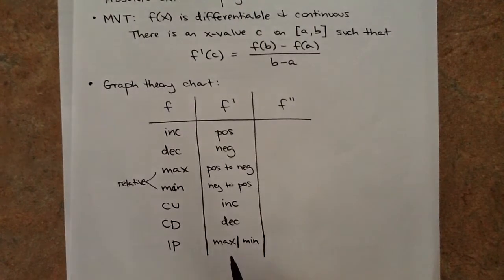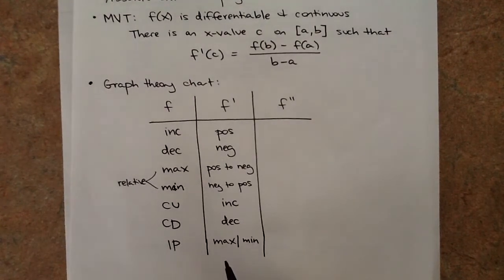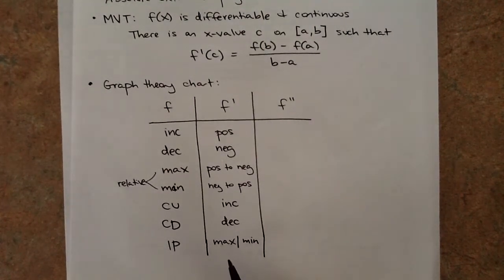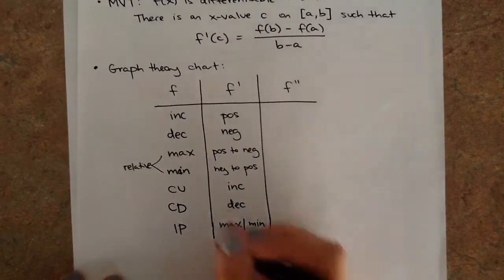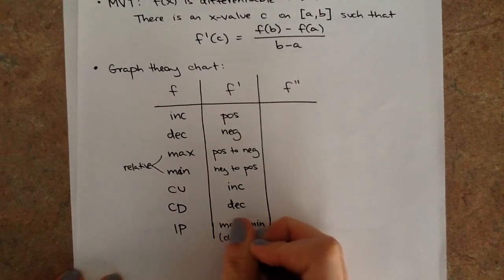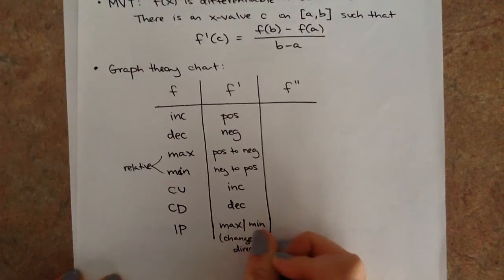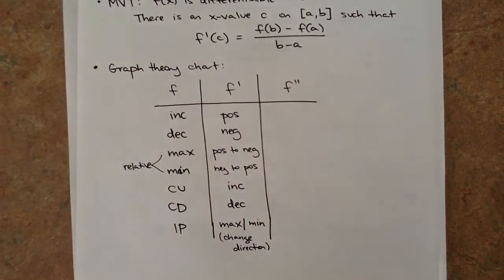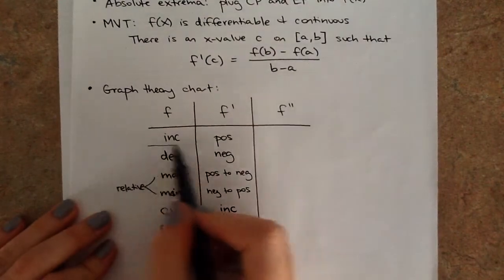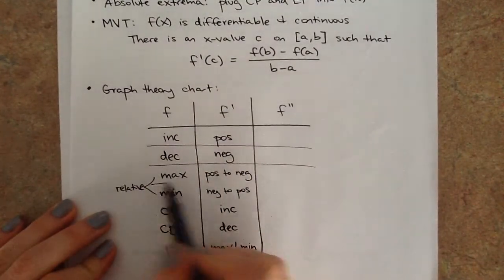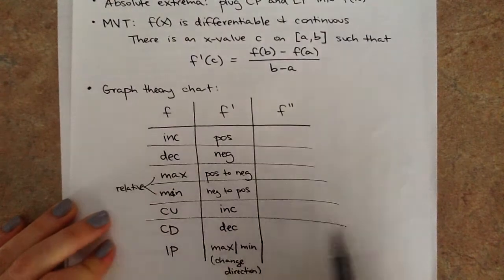So this would be either f prime changing from increasing to decreasing or decreasing to increasing. So you could also consider this to be a change in direction. So if f prime changes direction, again, meaning increasing to decreasing or decreasing to increasing. Okay, so that is everything that f prime will tell you.